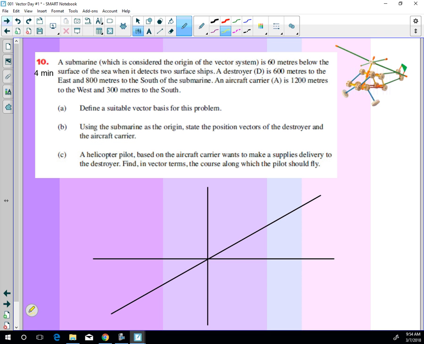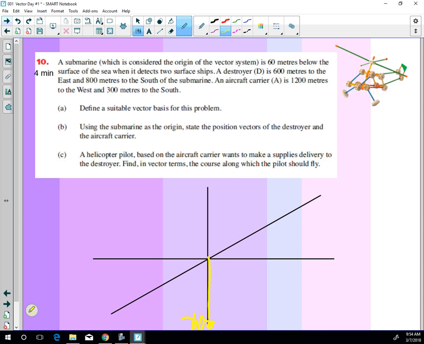Oh, this one? Sure. A submarine is considered the origin. It's 60 meters below the surface when it detects 2 surface ships. So it's at the origin, it goes down minus 60.